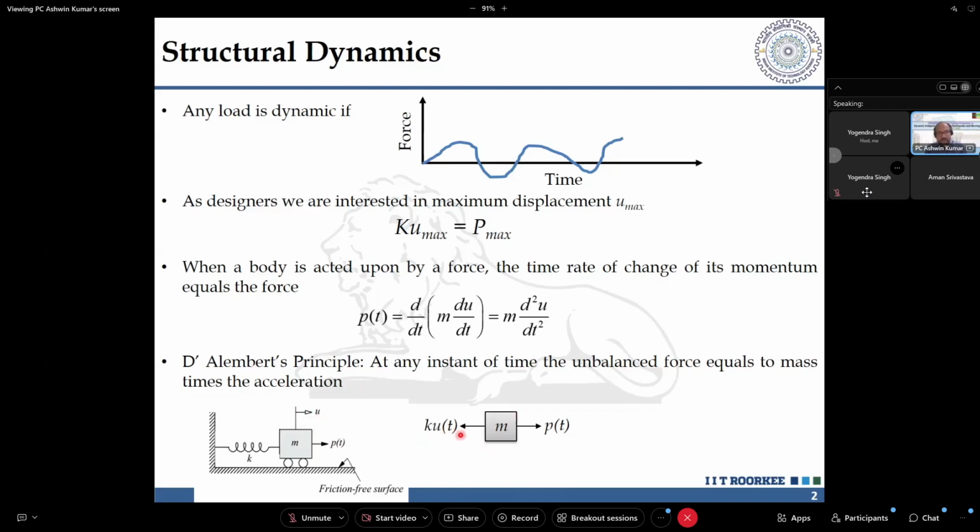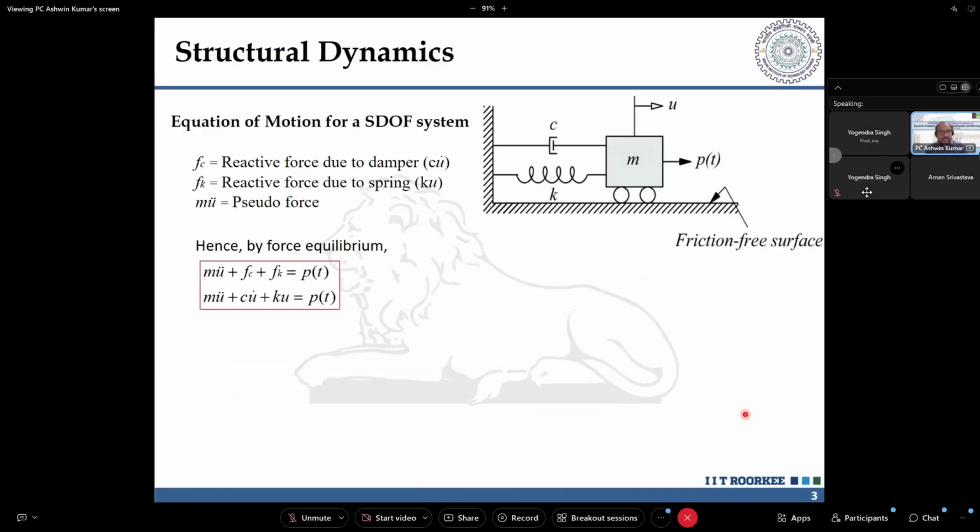Using D'Alembert's principle, we find that the unbalanced force is equal to the mass times the acceleration of the body. When we rearrange, this is the classical equation of motion that we get: m u double dot plus k u equals p(t), which we call the equation of motion.